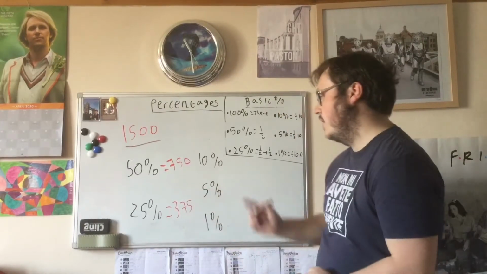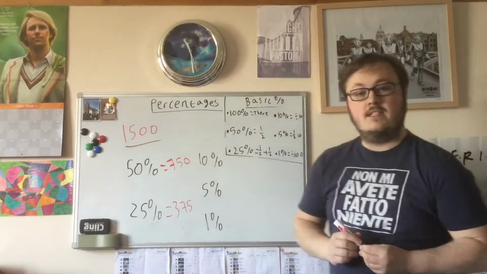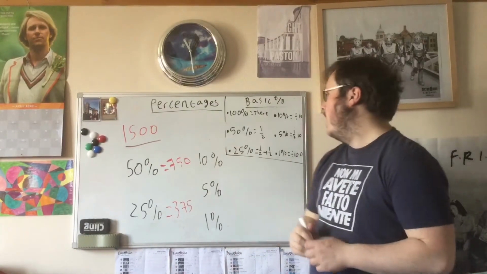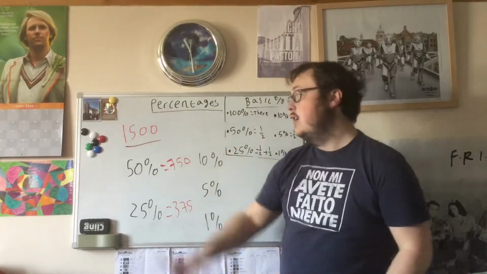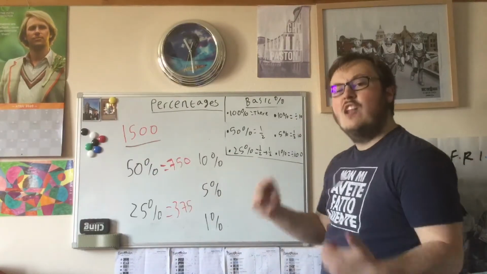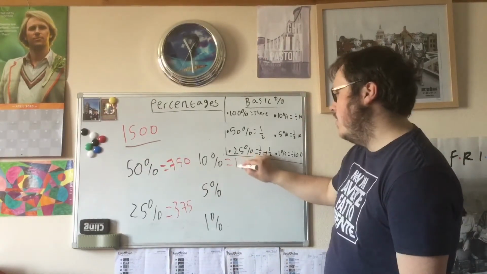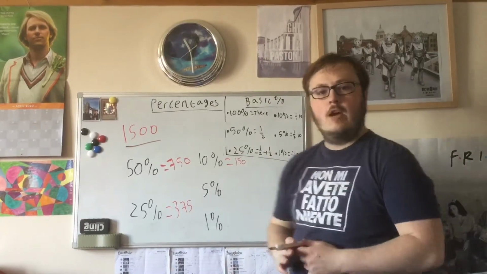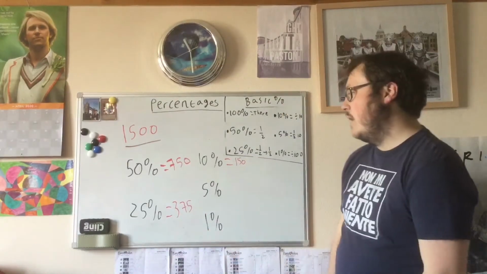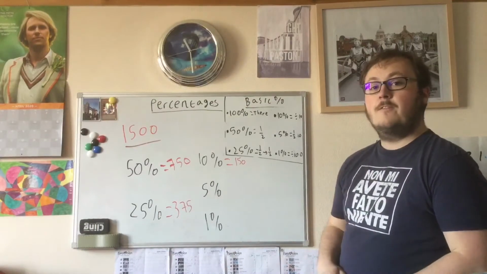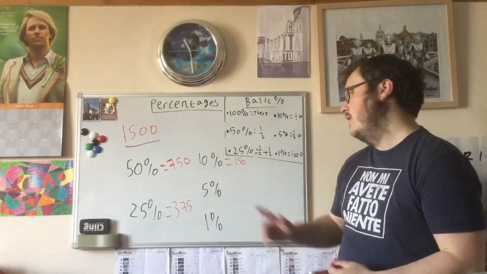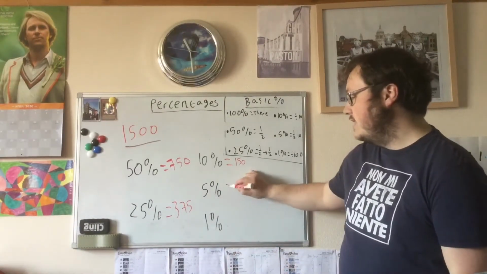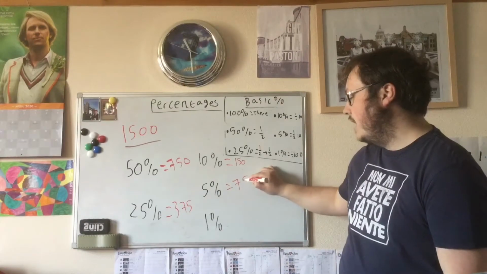How do we find 10%? Well, we divide 100% by 10. So we divide 1,500 by 10, and that will get us 150. How do we find 5%? Well, we have our 10%, which is 150, and we halve that. So we halve 150 to get 75.